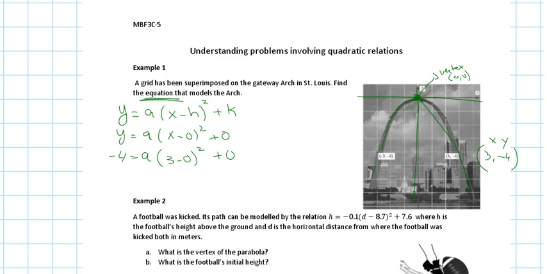BEDMAS says I have to do my brackets first, so 3 minus 0, that gives me 3. 3 squared gives me 9 plus 0. Do I need to write that plus 0? 9a plus 0 is the same thing as 9a. Yes? Then what's the last step? Bring over the 9, and what does it become?